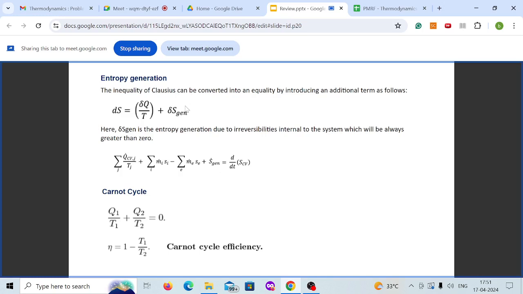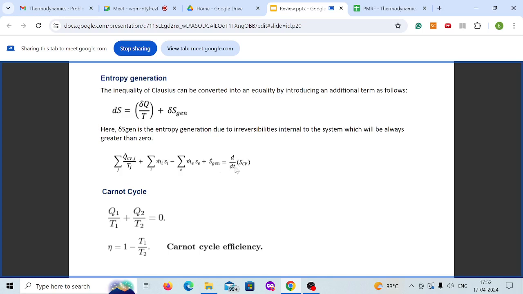If you apply this to any control volume, you can do an entropy balance, which says that the summation of Q by T, the heat transfer across the control volume divided by the corresponding temperature, plus the entropy coming in minus the entropy going out, plus S generated, is equal to the rate of change of entropy within the control volume.